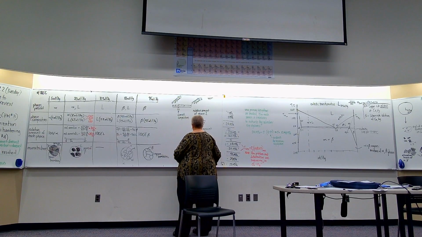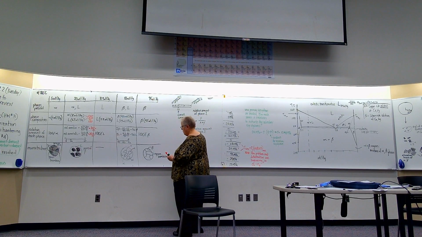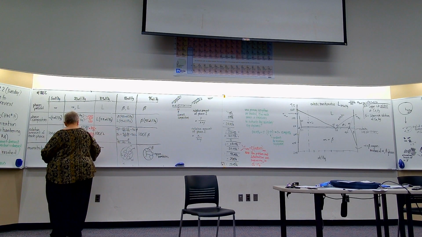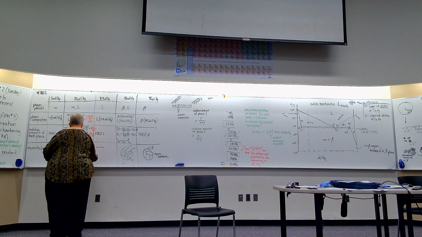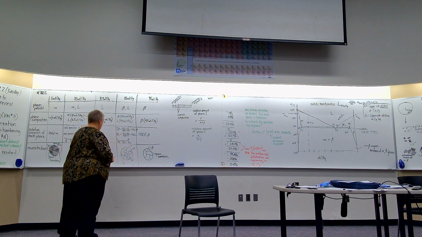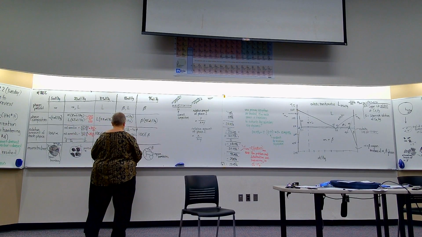Should that be beta? Grains of beta. This should be grains of alpha. And 85.